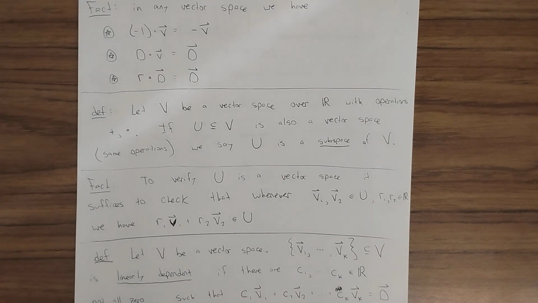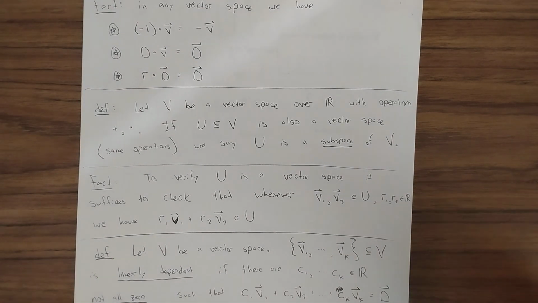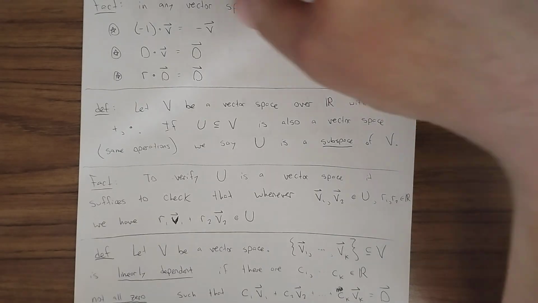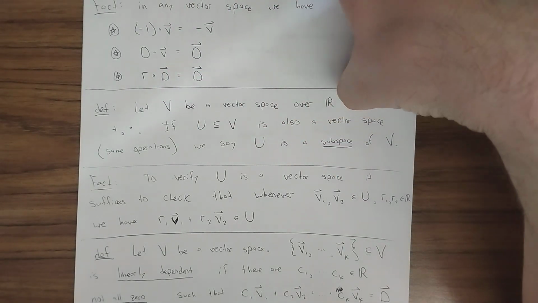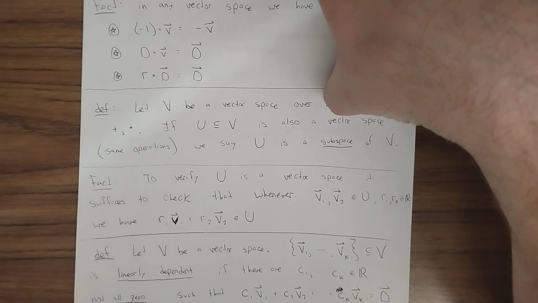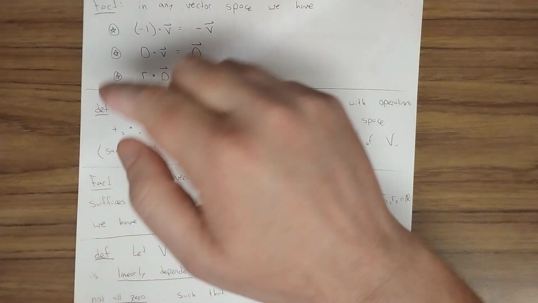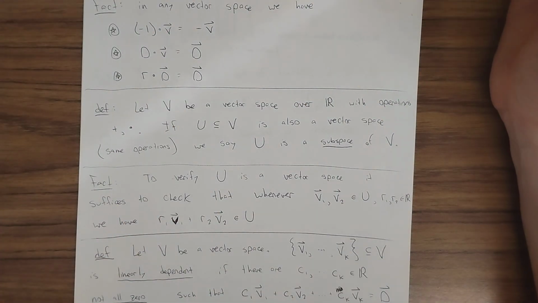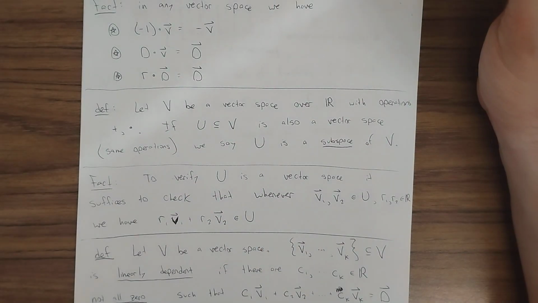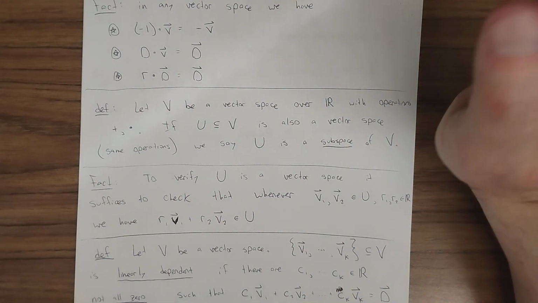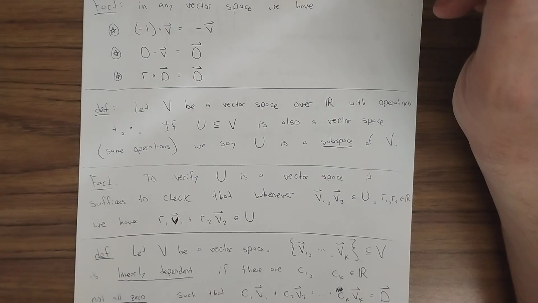Okay, so let's define what a subspace is. If V is a vector space over R, or it could also be the complex numbers, with whatever operations it has. A vector space is supposed to have addition and scalar multiplication. So assume that V is a vector space.